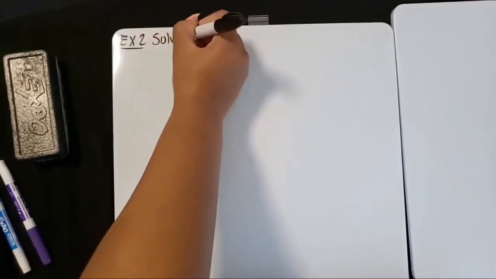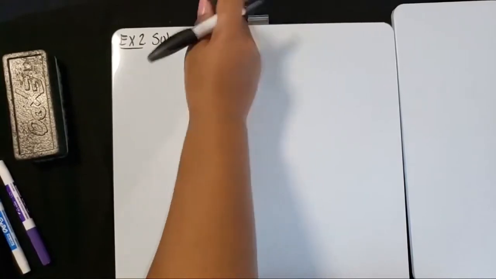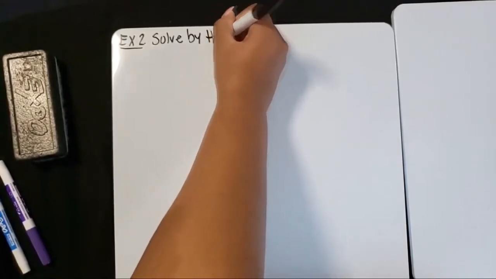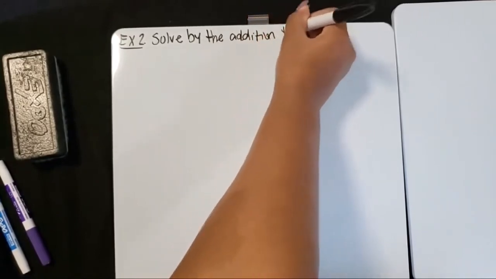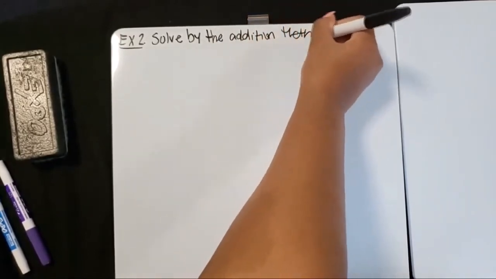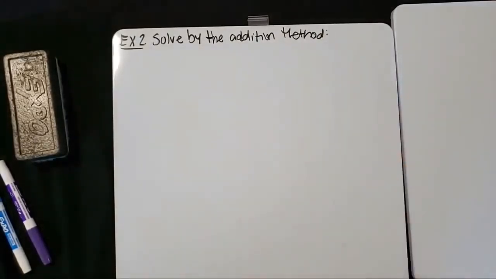The way these problems will read, and this is the only one that I'm going to do this for because I don't want to keep writing this over and over again, the problem will say, solve by the addition method, and then it will list the system of equations.